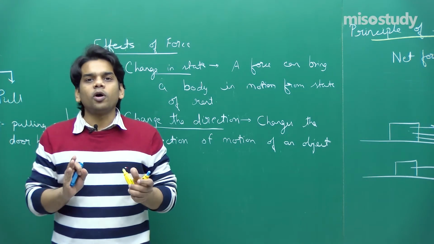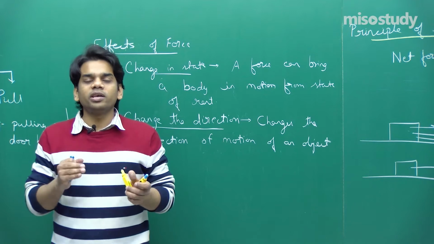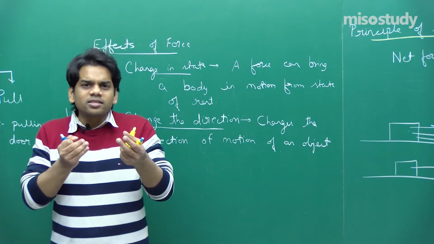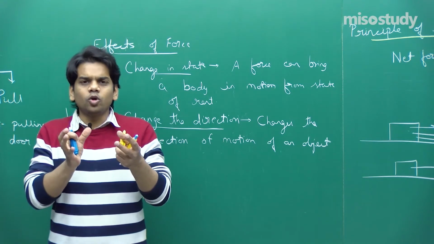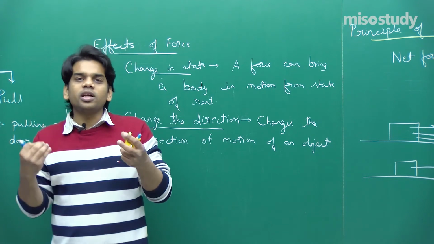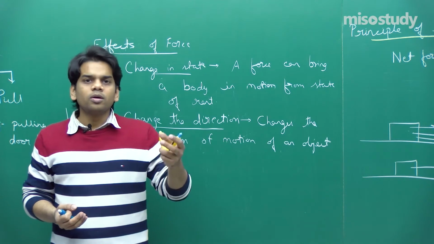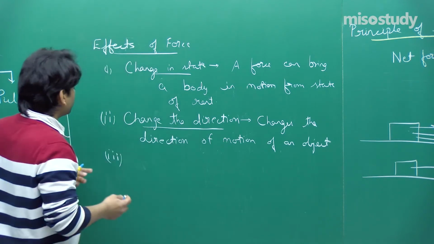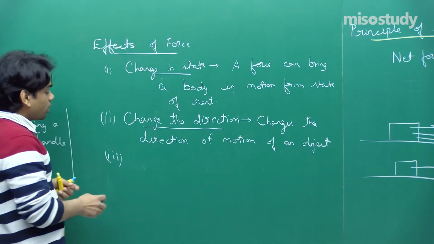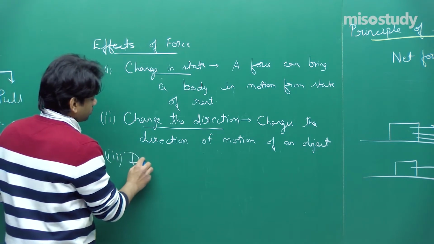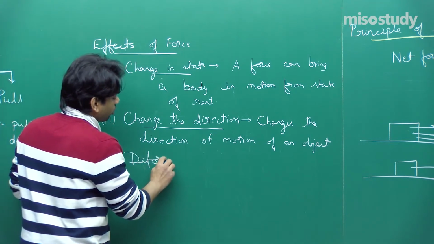Similarly, if you kick a football, just at the time of kicking, the football gets deformed, although in a very small amount, but it deforms and again regains its structure and then moves away. So a force can deform an object.